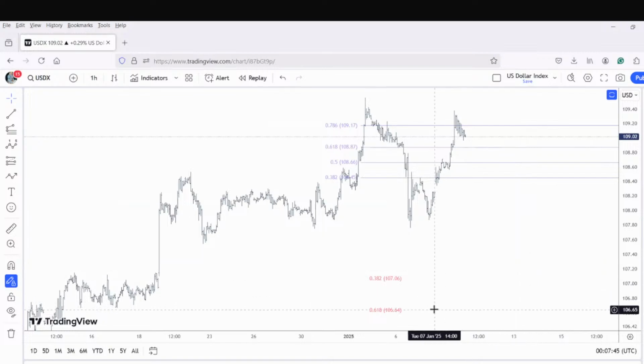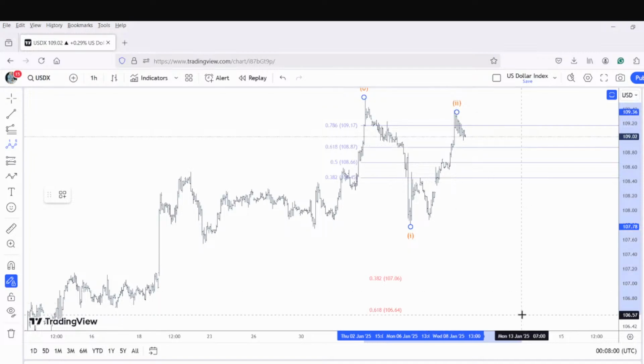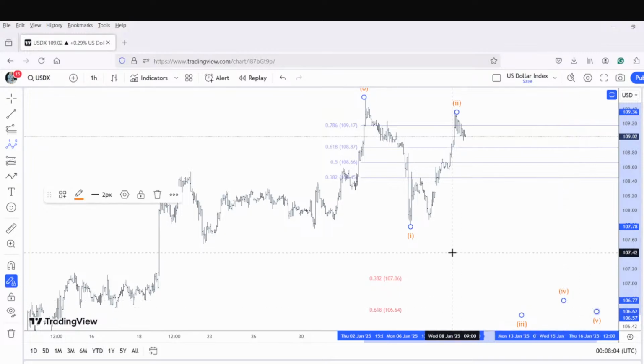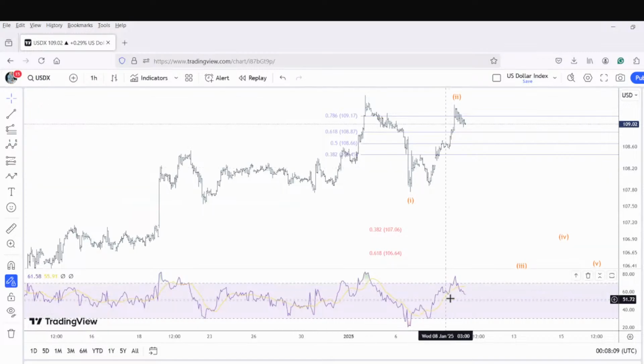All right, so that is 106.50 and 105.50. And in terms of degrees, it would be minute 1 and minute 2 right now. Okay, I was just having a look at the RSI. If there is a bit of divergence seen, but there is no divergence at the point in time.